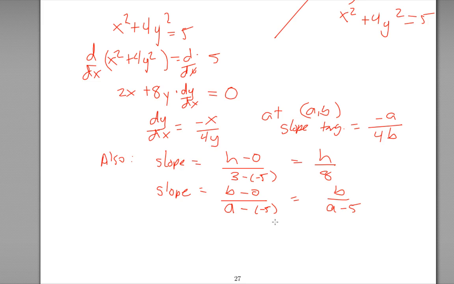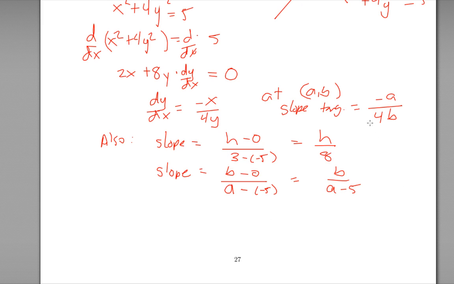Because these two things have to be the same number, we're going to figure out a relationship between a and b. So negative a over 4b, which is what we calculated the slope of the tangent line to be using our derivative, has to be equal to b over a plus 5, because rise over run.